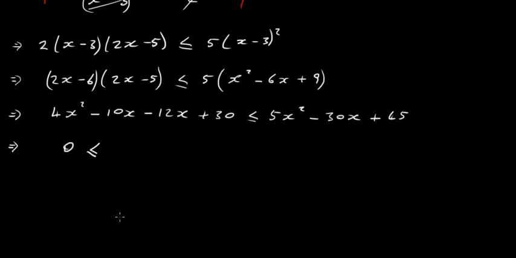So 5x squared minus the 4x squared, it's just going to be x squared. So I'm subtracting 4x squared from both sides. So really all I'm doing is putting in a minus 4x squared here and a minus 4x squared here. That'll disappear here. Now here I've got a minus 10x minus 12x.